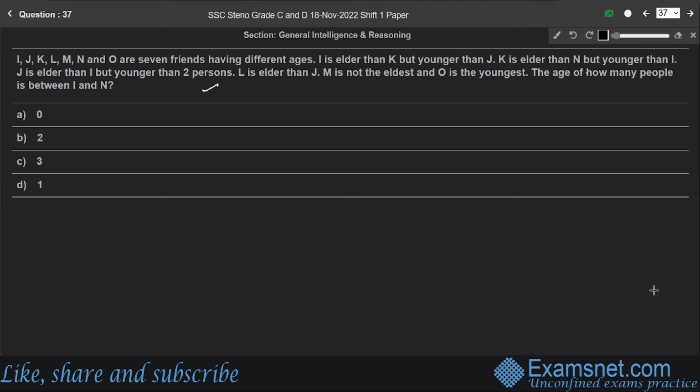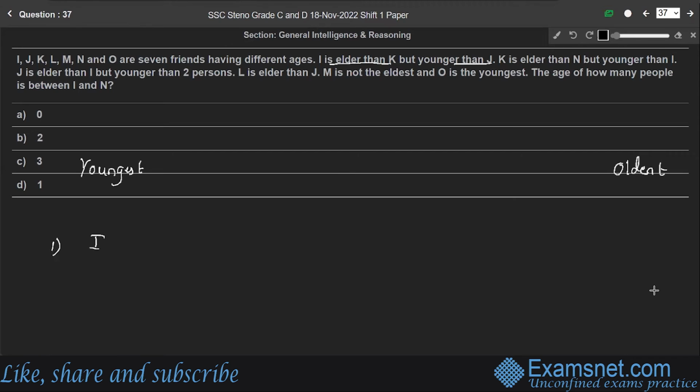Question 37. I, J, K, L, M, N, and O are 7 friends having different ages. I is elder than K. Before considering these points, we'll consider their ages in increasing order, youngest to oldest. It is given that I is elder than K but younger than J. We'll consider point by point.